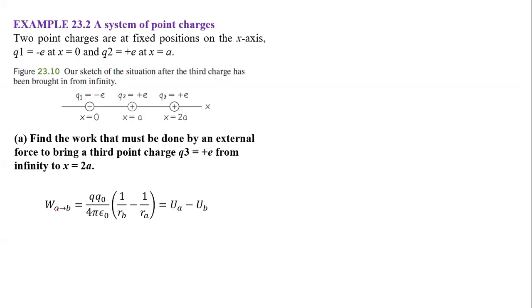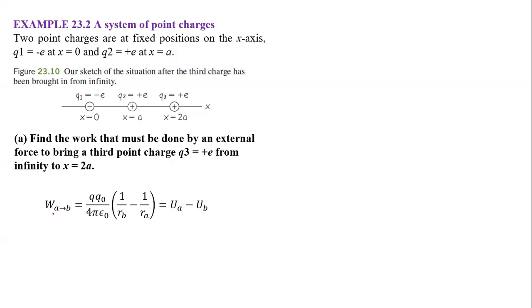So the work from A to B, the work that must be done by an external force to bring the third charge q sub 3 from infinity to x equals 2a, is just equal to the one that we derived.